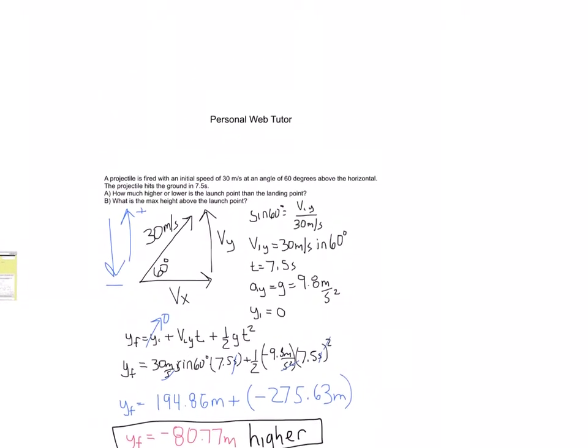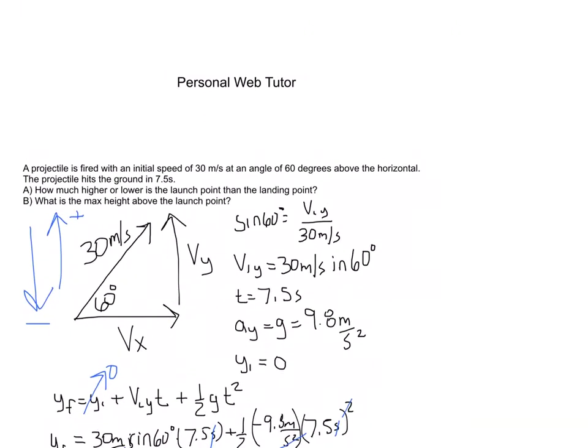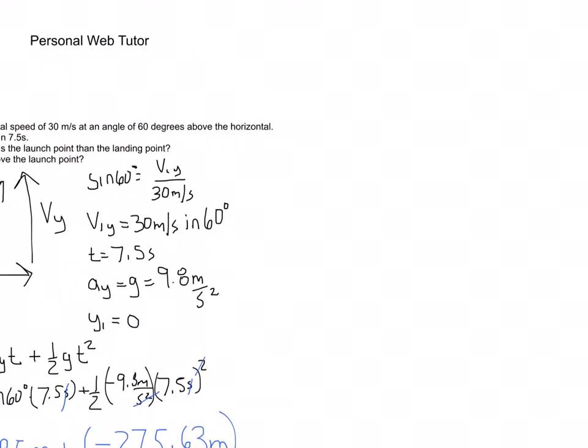Now the next question, it says, what is the max height above the launch point? So I'm going to do that part of the problem over here on the side. So we have the initial velocity in the y direction, and we have g, and I'm thinking that we want to find the maximum height.